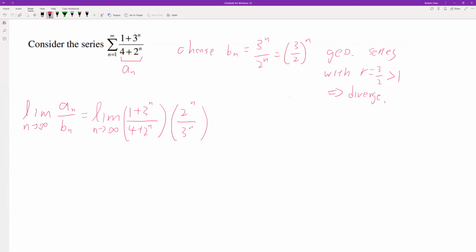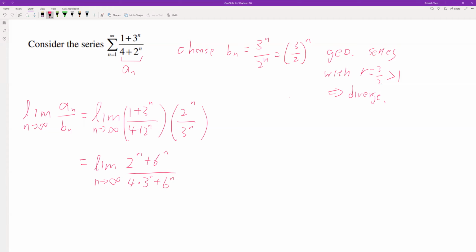Let's go ahead and do some distribution. I have 2 to the n plus, multiplying 3 to the n and 2 to the n, I get 6 to the n, over 4 times 3 to the n plus 6 to the n.